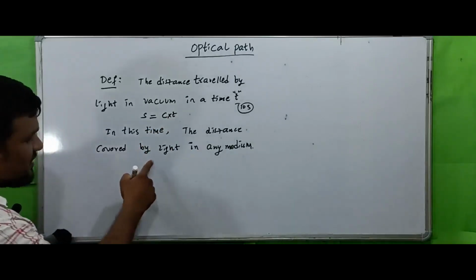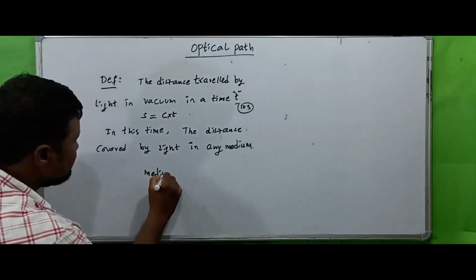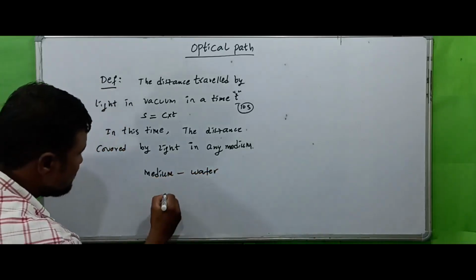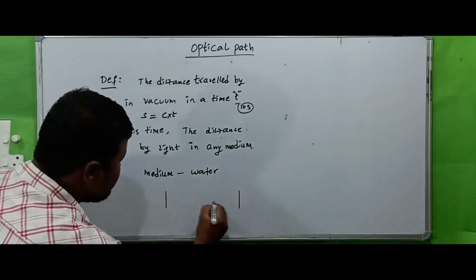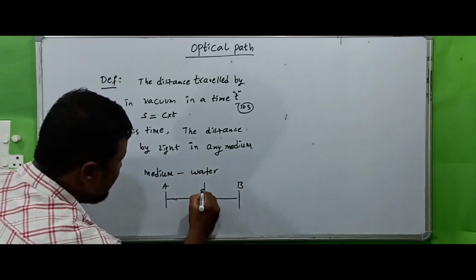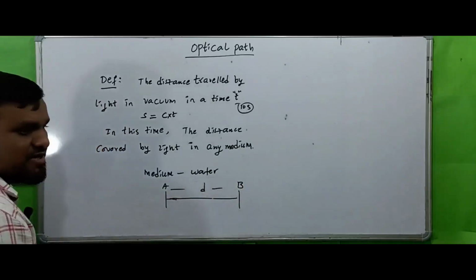And coming to any medium, suppose I take the medium as water, and I observe the geometrical path A to B. The distance between A and B is d, where d is the geometrical path.